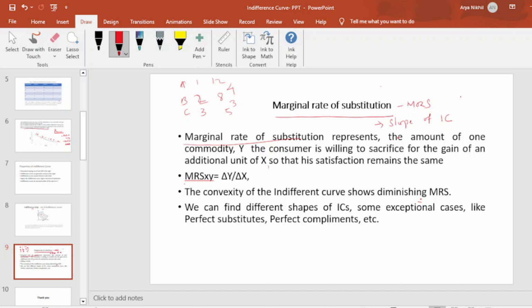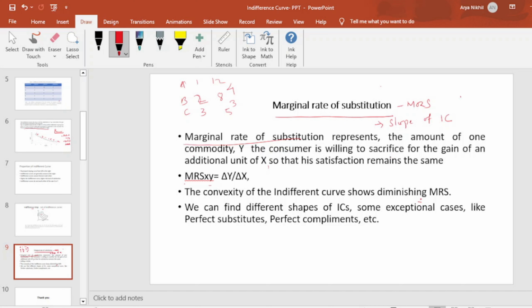So the marginal rate of substitution is the rate at which one commodity is substituted for another, or the amount of one commodity a consumer is willing to sacrifice for the gain of an additional unit, so that his satisfaction remains the same.